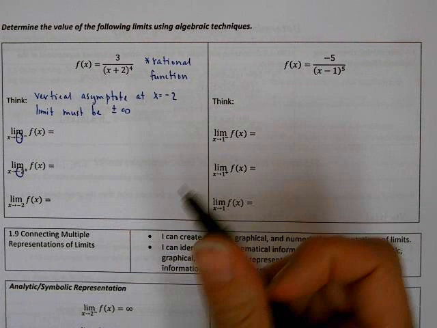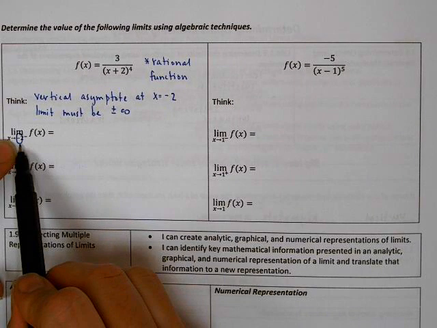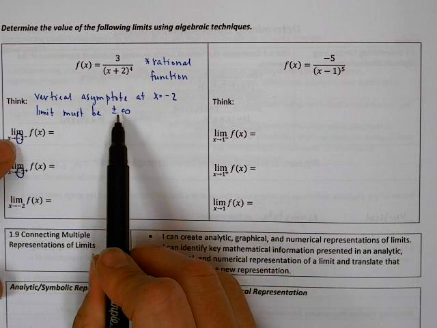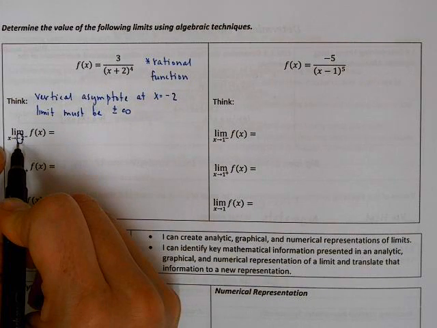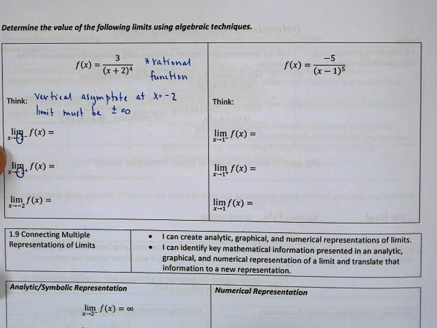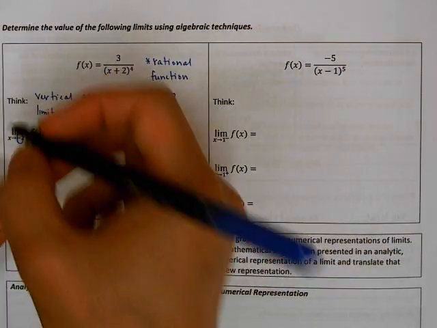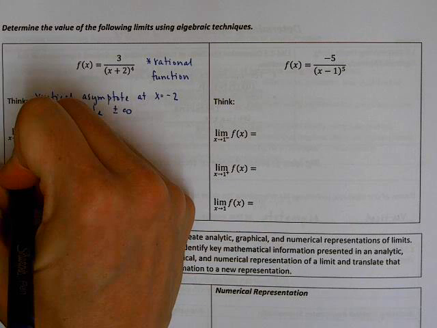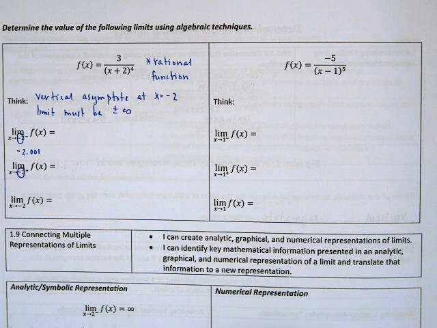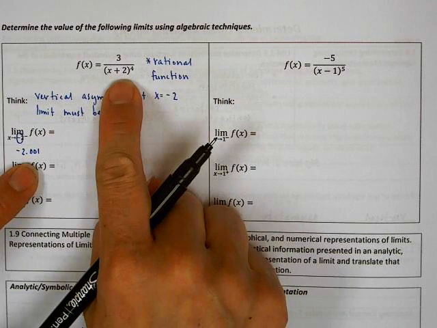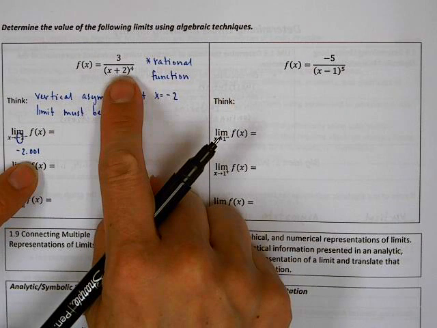So here's what we want to do. I'm evaluating at -2, so I know my limit has to either be positive or negative infinity. So now, when I'm thinking about -2 from the left side, I'm thinking of a number like -2.001. So let's think about what would happen if I substitute that in here.